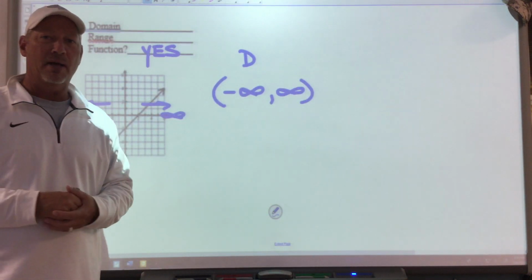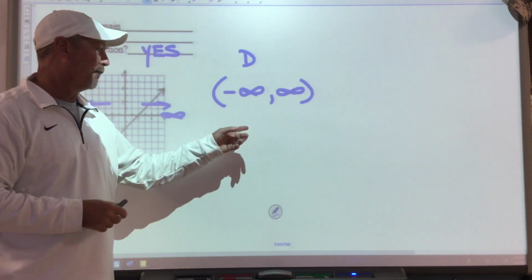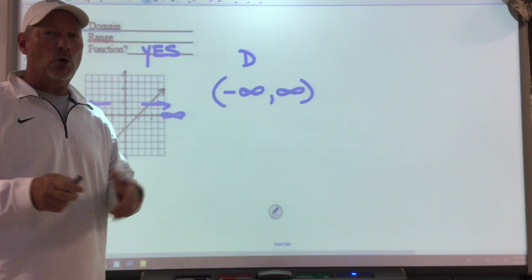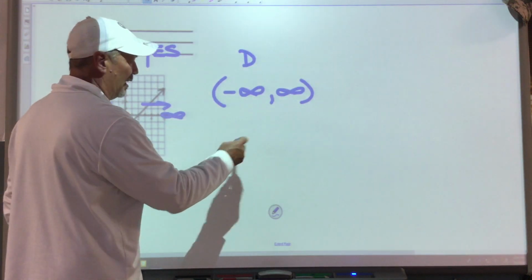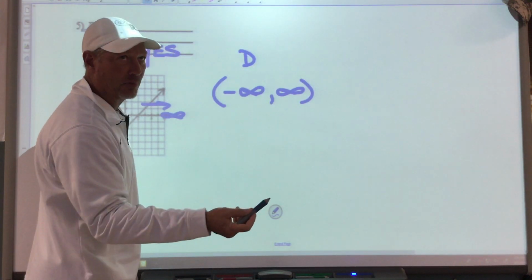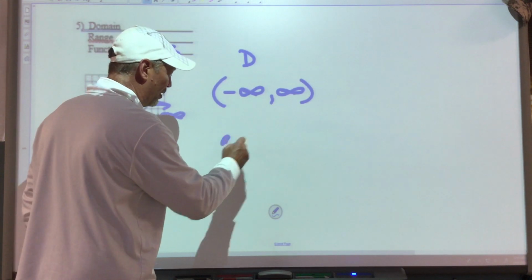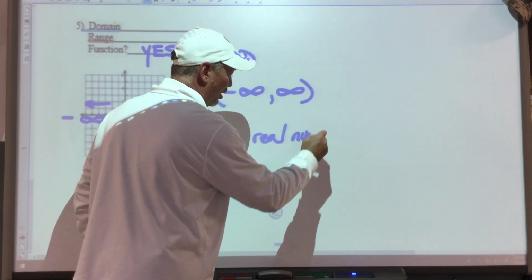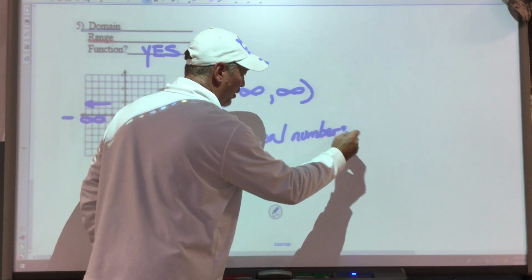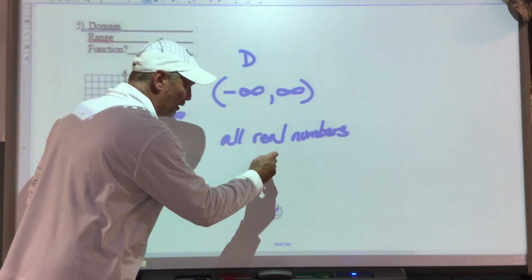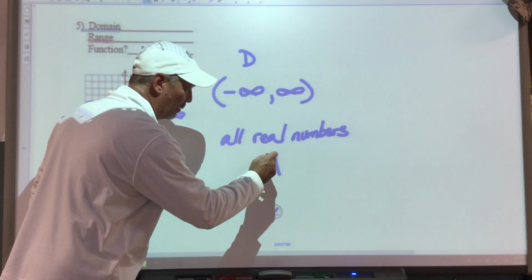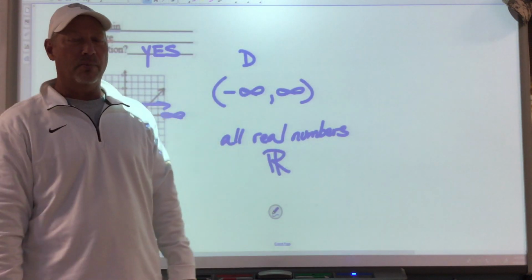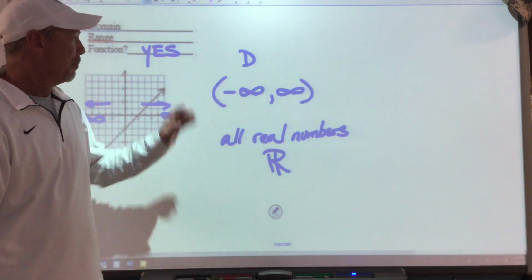That would be my domain. Now, if you wanted to write it as an inequality, you really can't. There is not an inequality. So sometimes instead we would say all real numbers. Or sometimes we could use a symbol that looks a little bit like a Rolls-Royce symbol. That's the symbol for all real numbers.